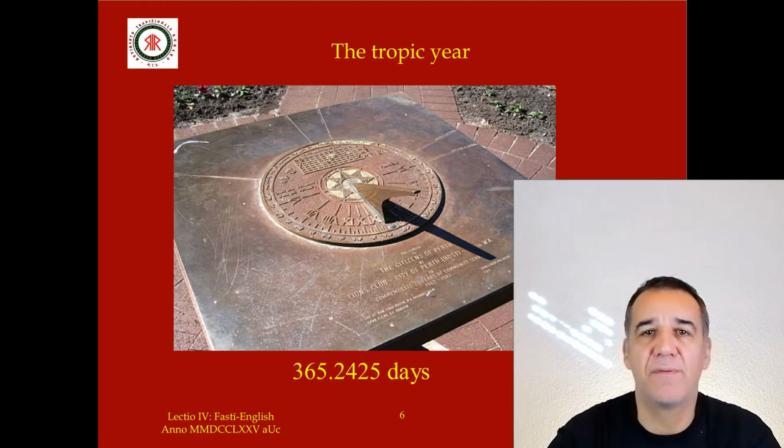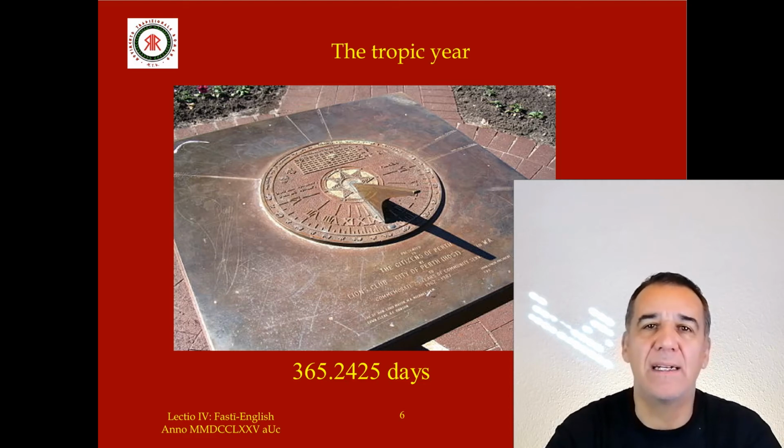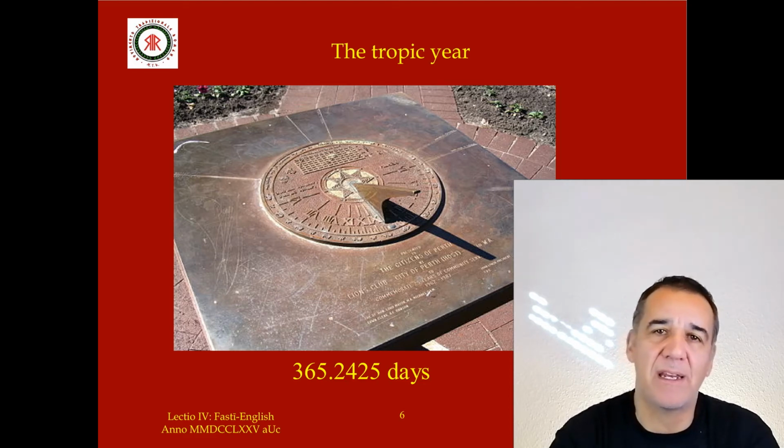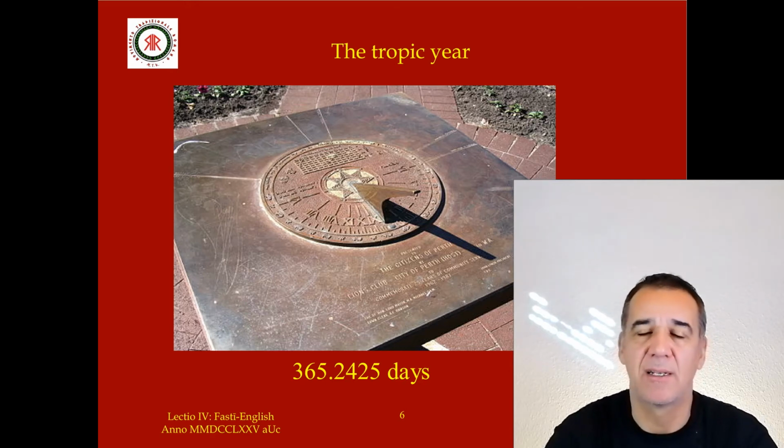Actually, if we measure for more years, we find that 365 is a little too short. It is 365 and a quarter, so we need to add 1 day every 4 years. So we have 3 years of 365 and 1 year of 366.